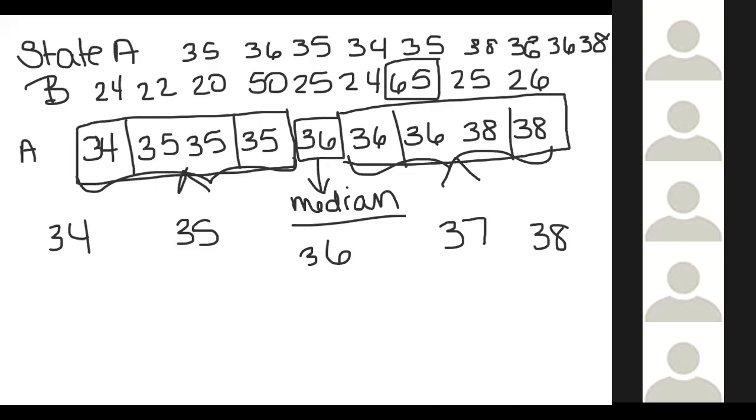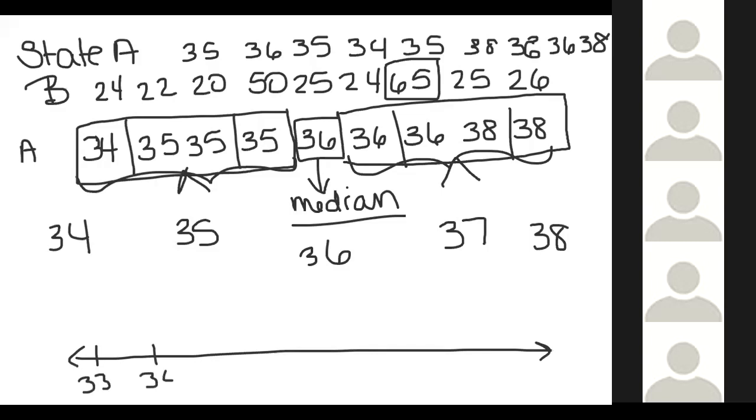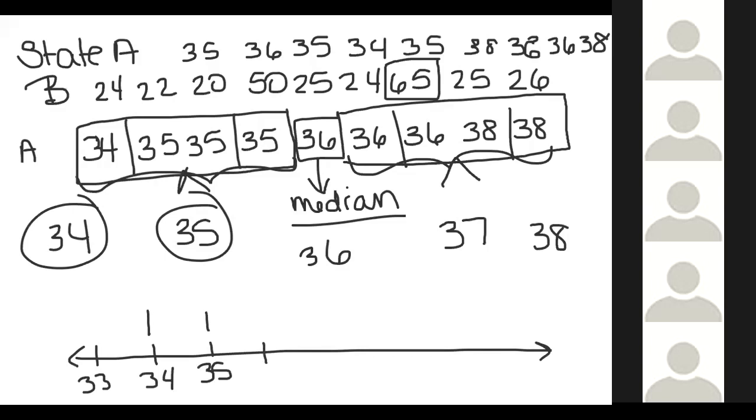So you have the lower quartile and the upper quartile, and then you can do your box plot, which is easy with this one because the numbers are pretty. 33, 34, put a line there, 35, a line there, because that's what those lines mean. 36, another one, 37, 38, 39, and so on.